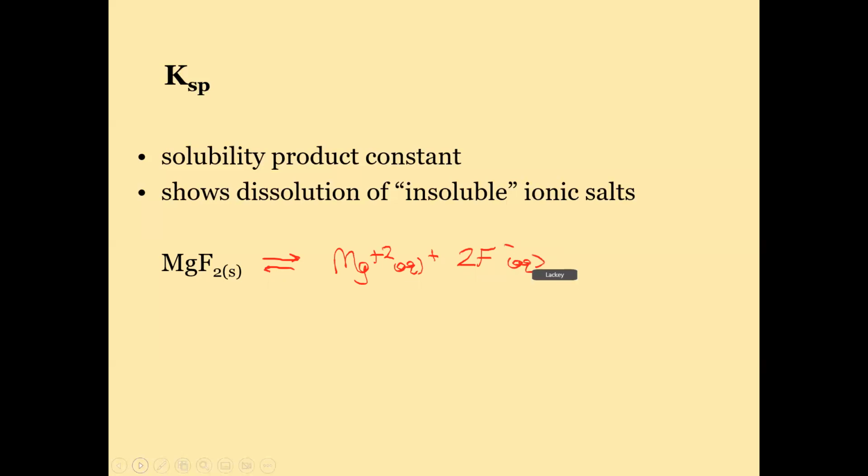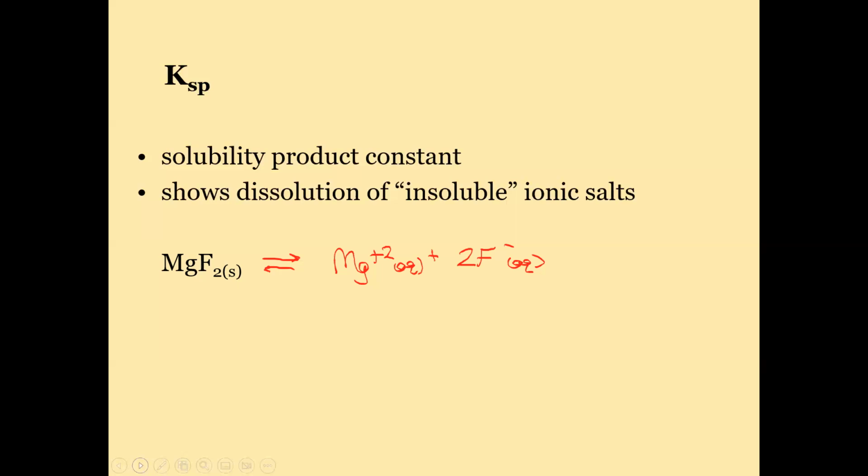And this is going to be a reaction at equilibrium overall. Because if some of the salt becomes ions, there's too many ions, some of the ions will revert back into the solid salt. So this is going to be kind of a cycle that occurs.